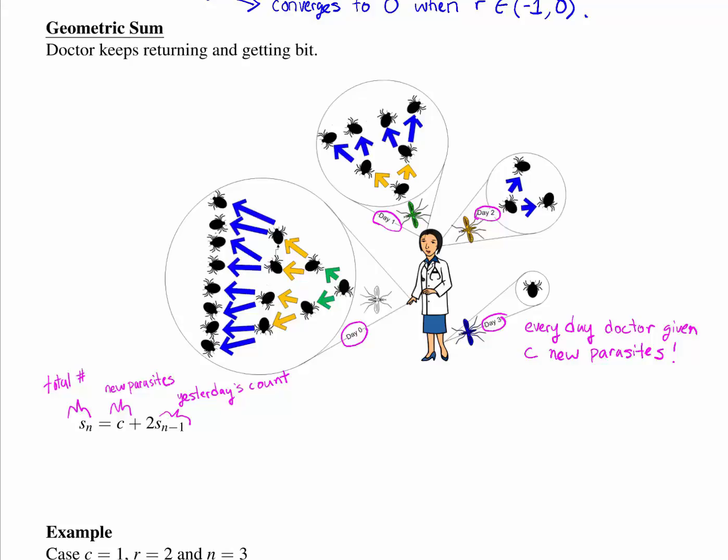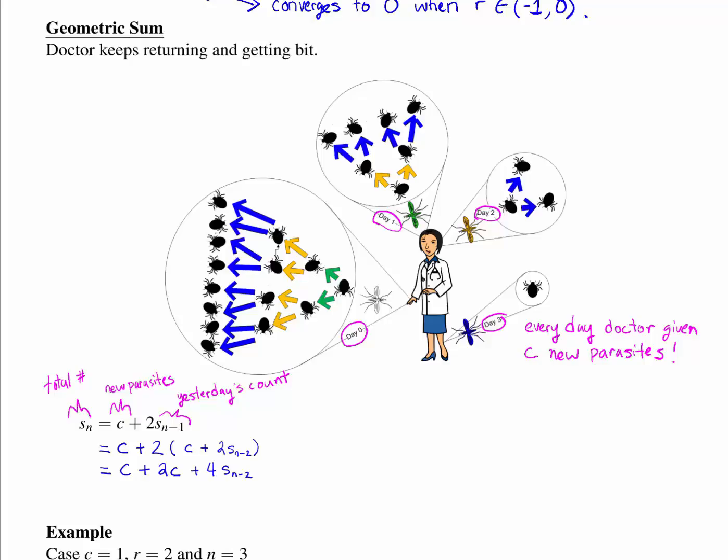We could use this equation twice to find that Sn is equal to c, the new ones, plus 2c, which is the parasites that resulted from yesterday's bite, plus 4 times Sn minus 2. That is 4 times all the parasites in her body 2 days ago.